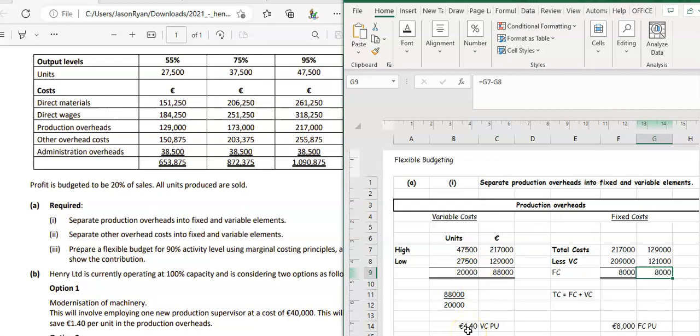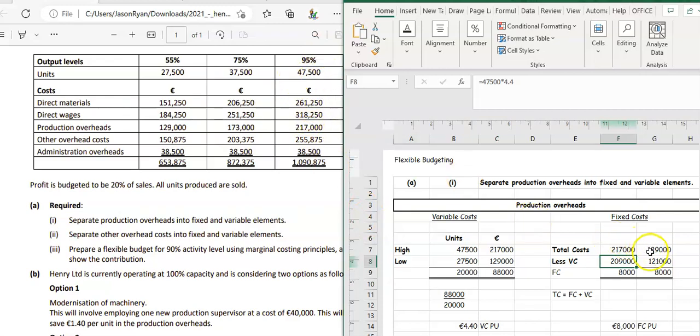€4.40. And then the €4.40 is going to be used to find our fixed cost, where total cost is equal to fixed cost plus variable cost. So that means fixed cost is equal to total cost minus variable cost. So your total cost is 217,000. Our variable cost is your variable cost per unit, €4.40, multiplied by the units for that column, so 47,500.